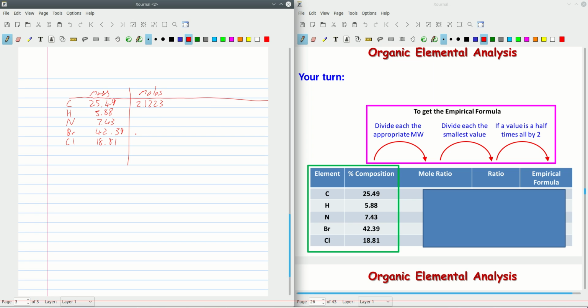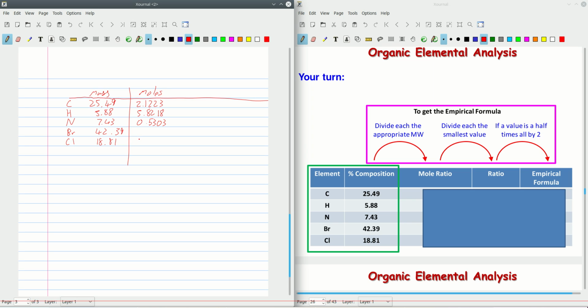Then 5.88 divided by 1.01 for hydrogen will give you 5.8218. Nitrogen is 14.01, so 7.43 divided by 14.01 will give you 0.5303.